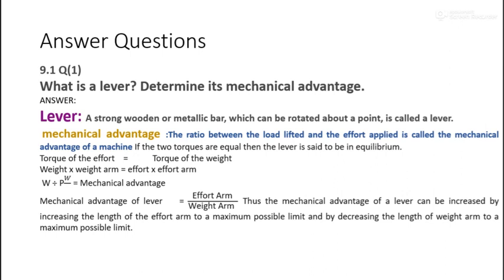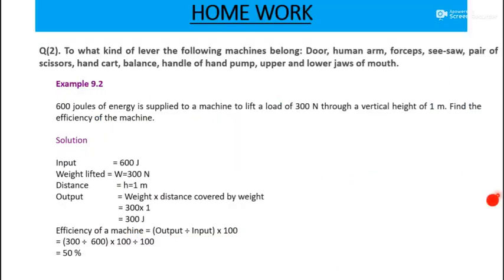I have described what is a lever and determined the mechanical advantage. I have already described what a lever is and the mechanical advantage of a lever. You can see here the answer to this question. Now these are the examples from chapter 9, and this is your homework.